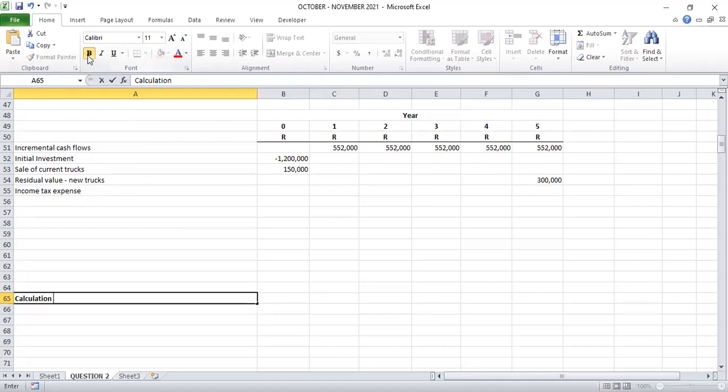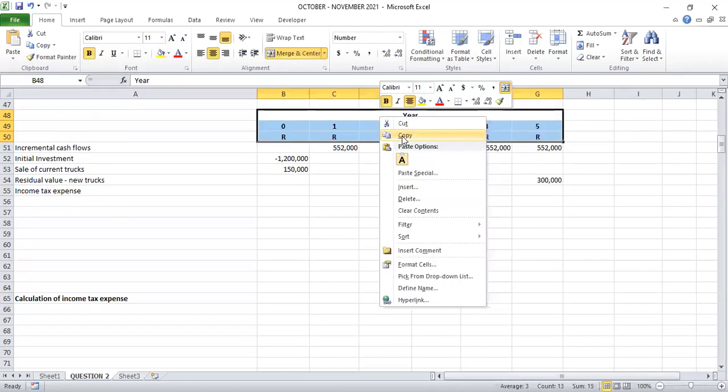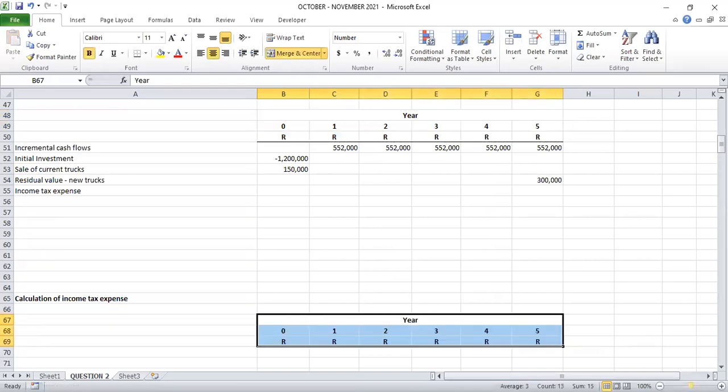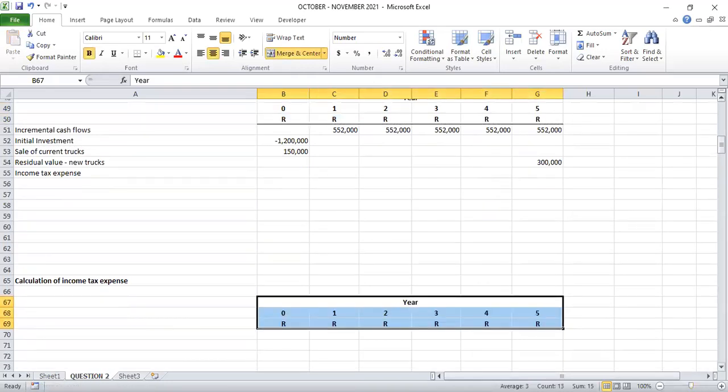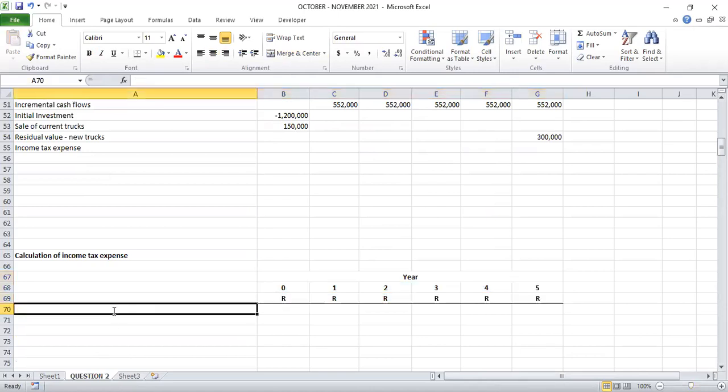Calculation of income tax expense. We have incremental cash flows.